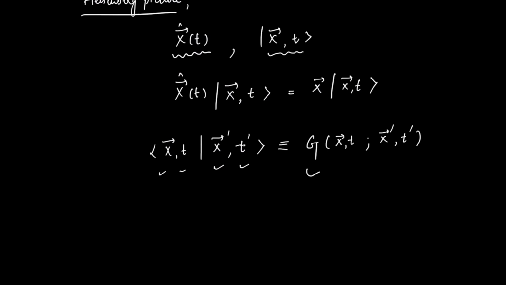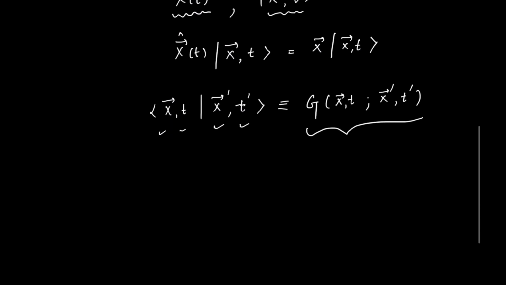This is represented by G, which is called the propagator. If you know the propagator of a quantum system, then you have full knowledge of the system and you have already solved that system, right?